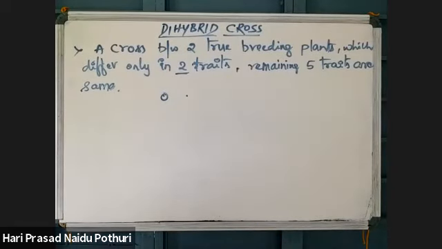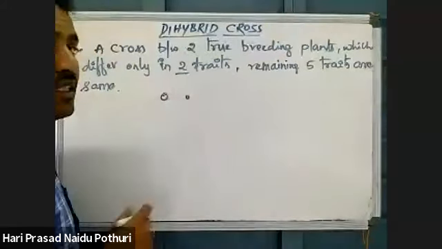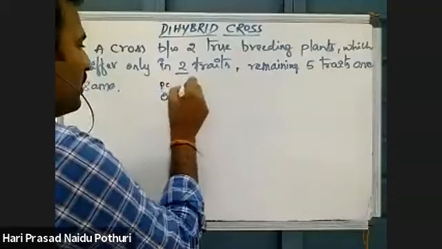You know, green is dominant, yellow is recessive. And pod shape: inflated is dominant and constricted is recessive.